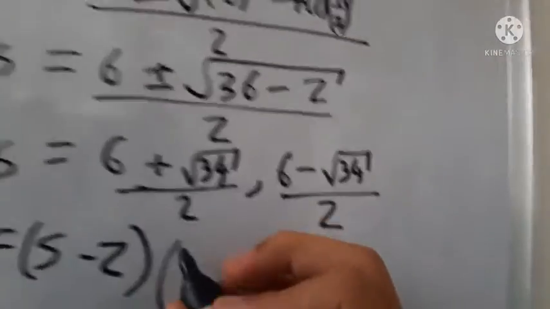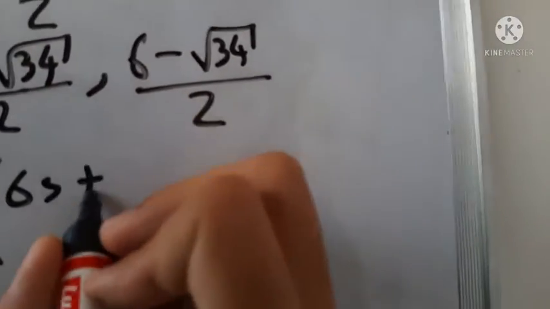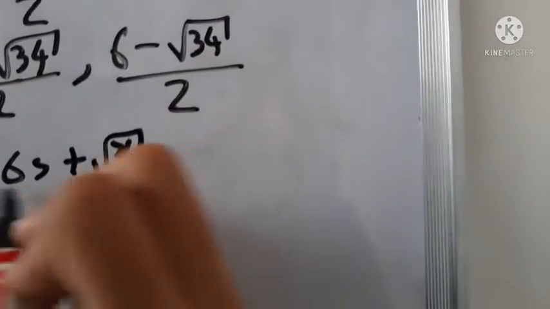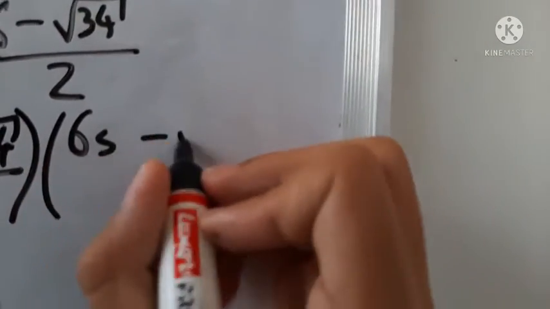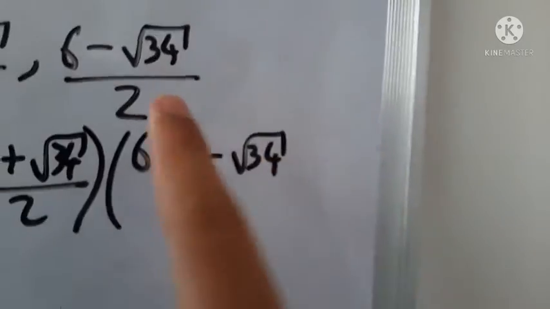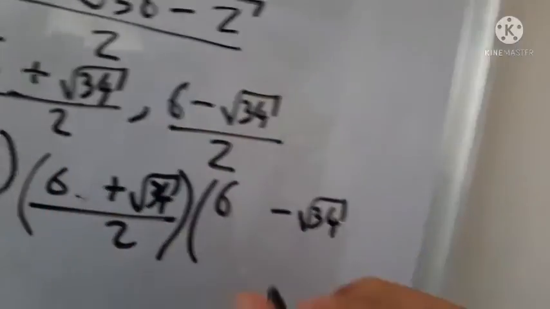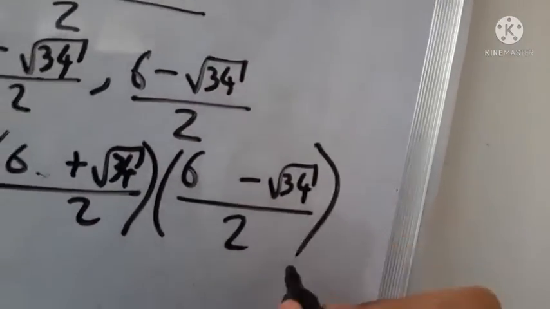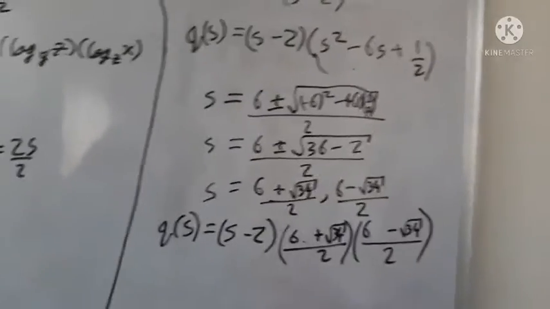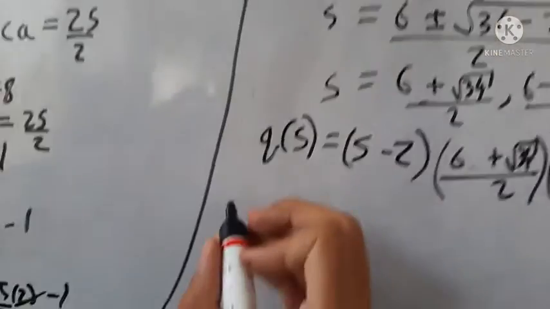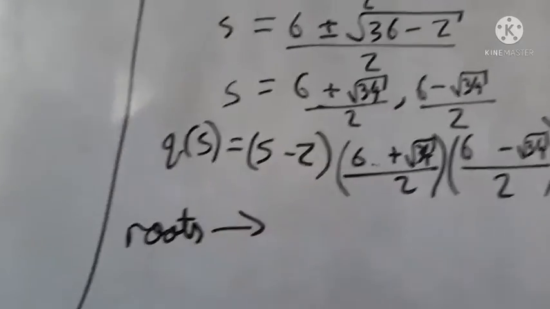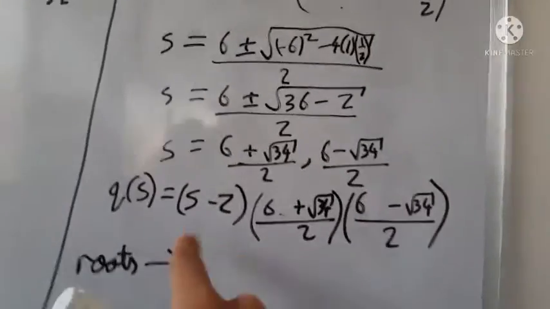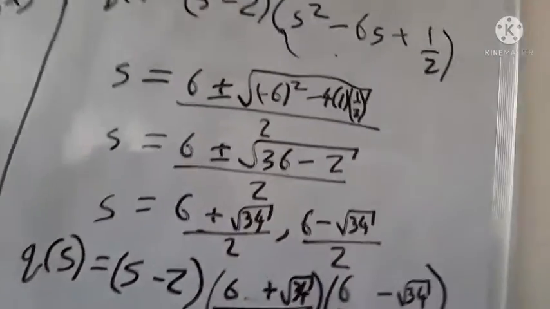No, it's going to be 6S, yeah. 6S plus root 34 over 2, 6S minus 34. Now, you know what? No, see, these are just the roots, right? Okay, so we know that the roots are, okay, so one of the roots is 2. That's one of the roots.